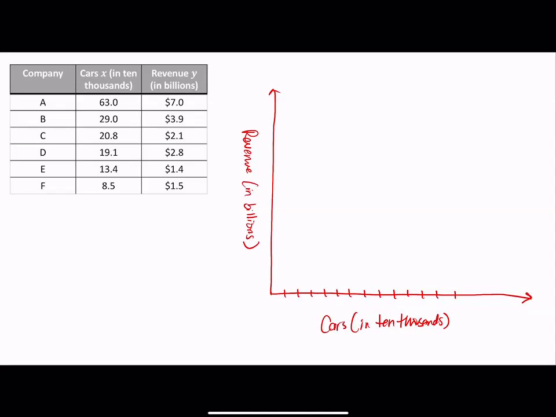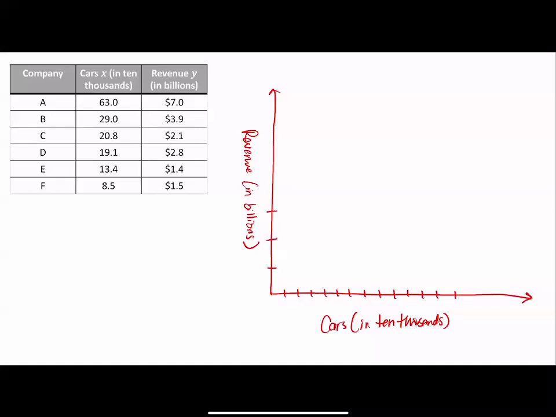Then my Y is in billions, remember, so my smallest is 1.4, my largest looks like it's 7.0. I'm just going to go 7. So I have 1, 2, 3, 4, 5, 6, 7.